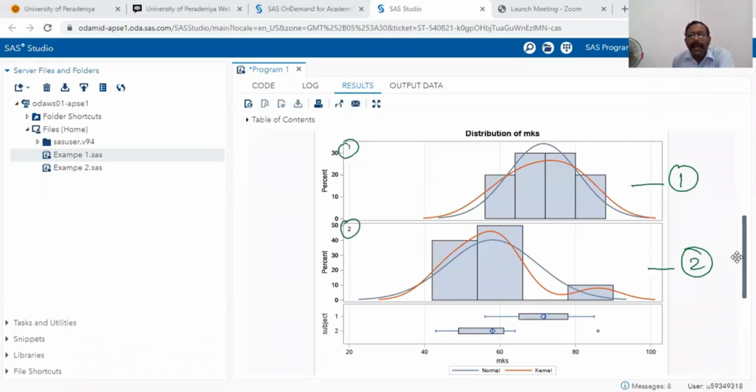How the data are distributed, the distribution of marks for these two subjects. Just to give some ideas. We may use this for ANOVA later on. Here, we are comparing only 2 marks, so it is not very important as such.